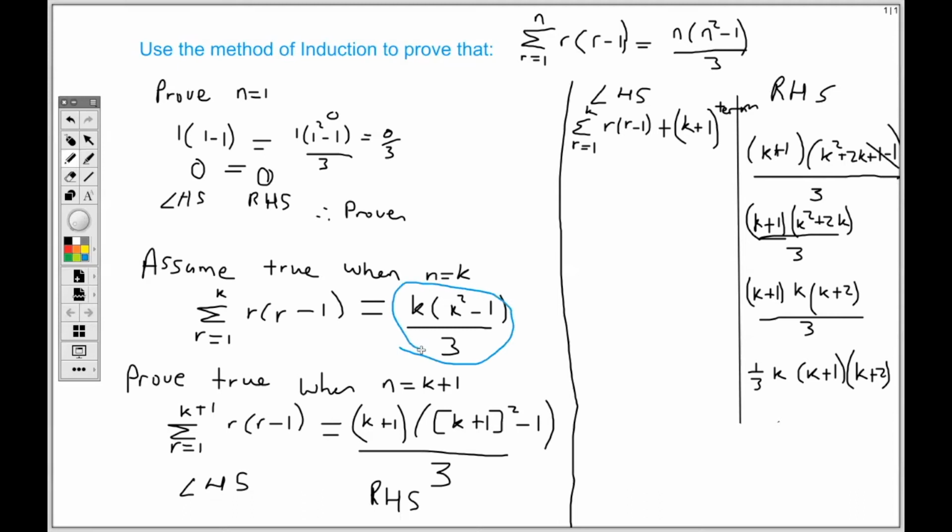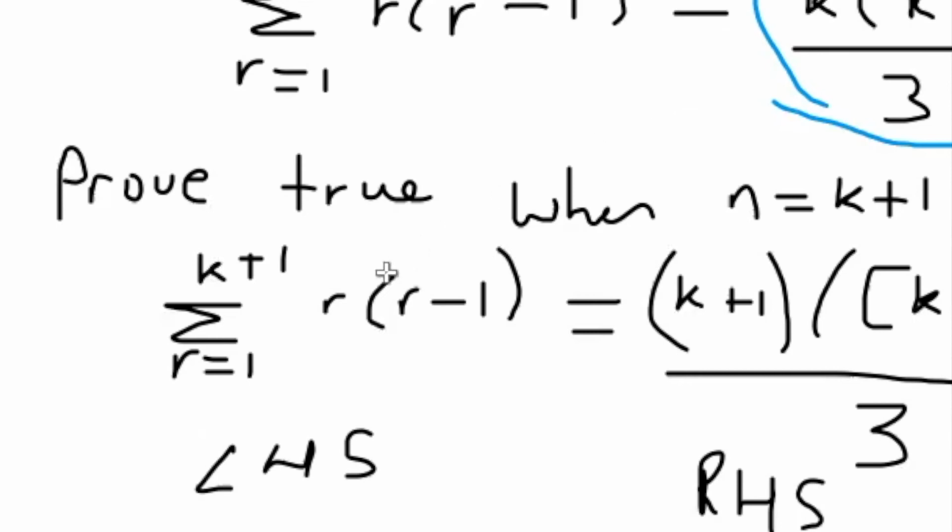So this part will replace the summation from r equals 1 to k, because the assumption says that is equal to k, open bracket, k squared minus 1 over 3. The term I will have to replace here to get the term. If I wanted the fifth term, that's where I would have replaced it. So I replace r with k. Wherever I see r, I replace it with k.